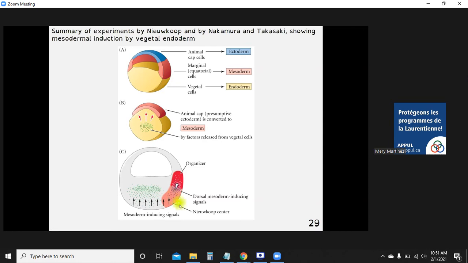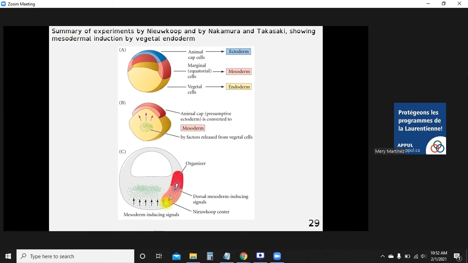So this section, the dorsal-most vegetal cells of the blastula, which is capable of inducing the organizer, has been called the Nieuwkoop center. The Nieuwkoop center is created by the cytoplasmic rotation. Remember that the turning of 30 degrees that occurs when the sperm enters the egg.